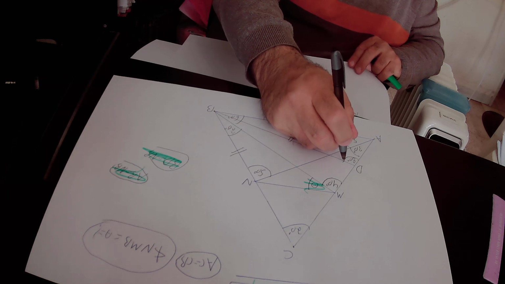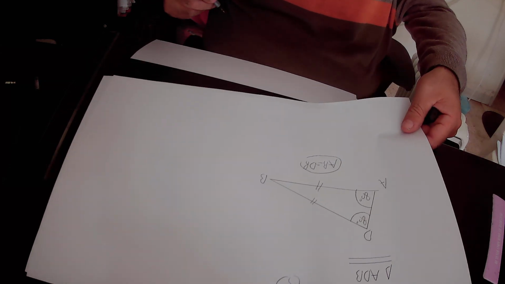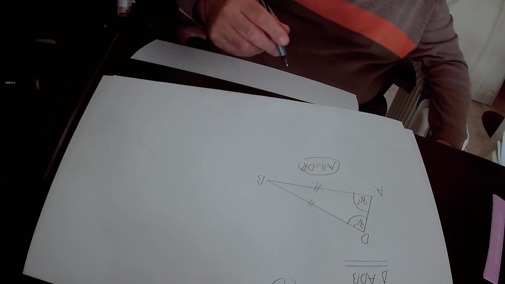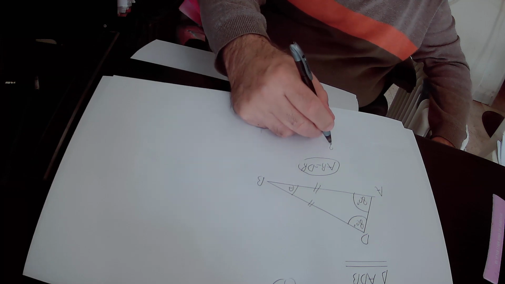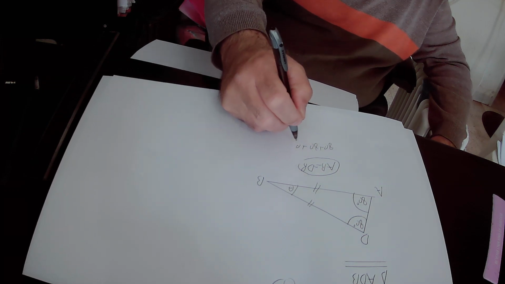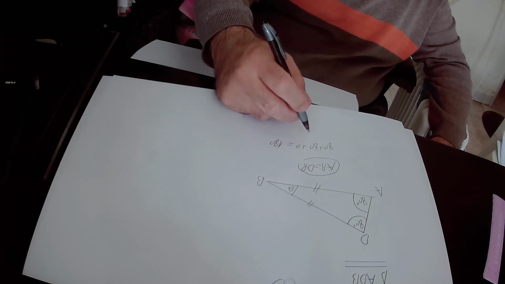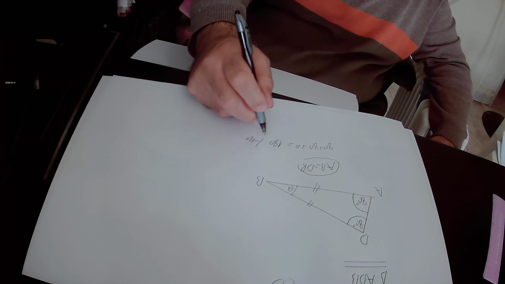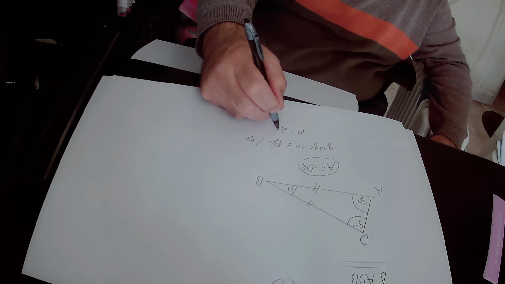We will continue to focus on triangle ADB. In this triangle ADB, the sum of angles must be equal to 180 degrees. So we define the missing angle as theta. 80 degrees plus 80 degrees plus theta in total must be equal to 180 degrees. 80 plus 80 is 160, so we subtract 160 degrees, and finally we get that angle theta equals 180 minus 160, it is 20 degrees.